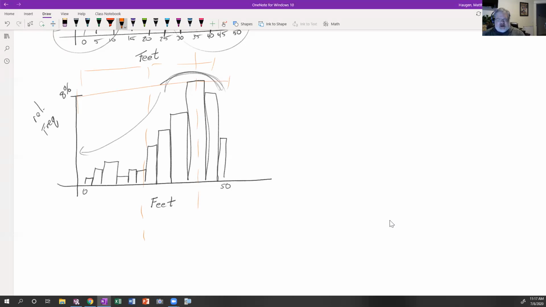The symmetry's not there, right? This type of distribution would be referred to as skewed, because it's tilted, skewed toward one side.